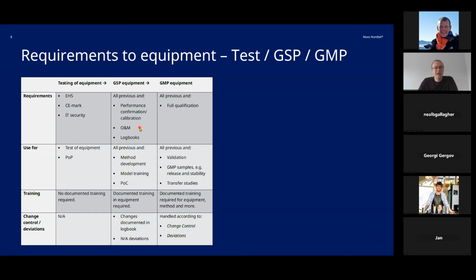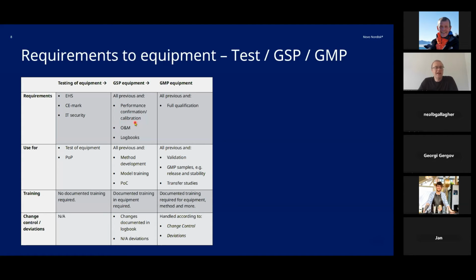So we can have a nice instrument conforming to GSP requirements on day number 1, but if we don't maintain the instrument as it should, if we put in wrong liquids, if we don't follow the guidelines set forth by the vendor, the instrument will go out of GSP control.